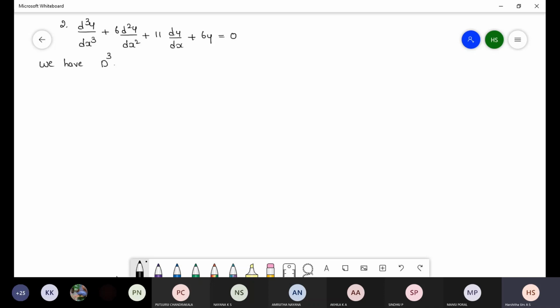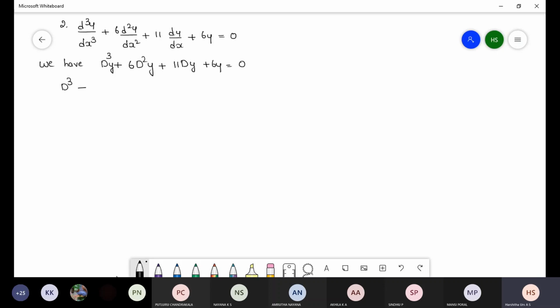So d cube by dx cube we can write capital D cube. If you get confused you can write one more step: 6 into d square by dx square means capital D square y, 11 into d by dx is capital D y, plus 6y is equal to 0.